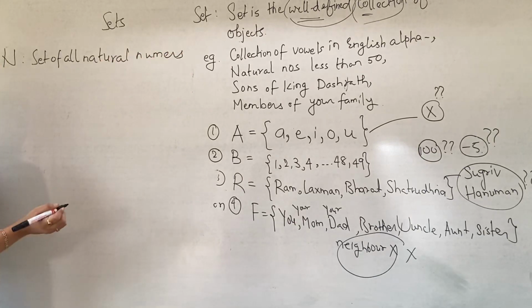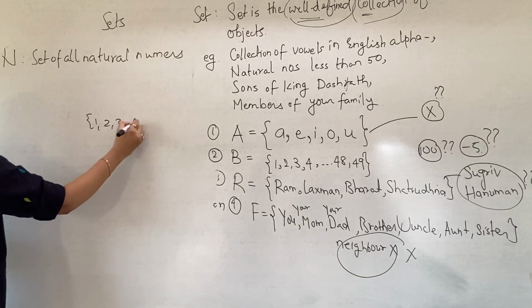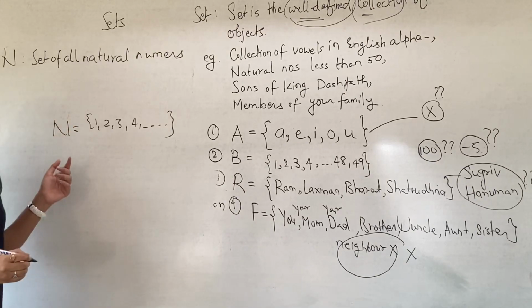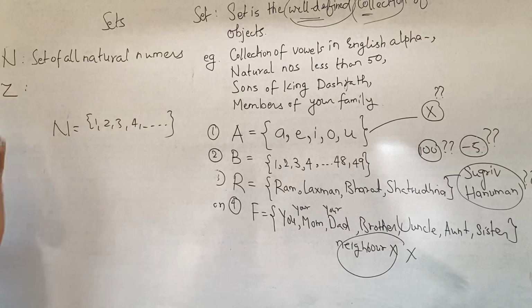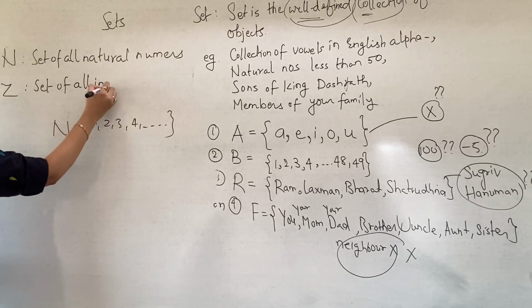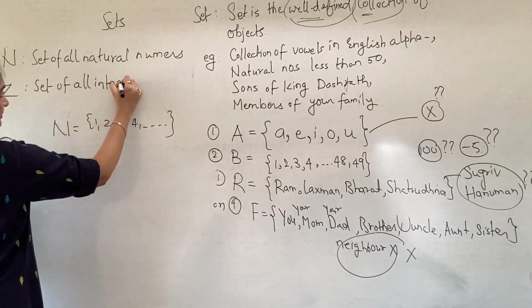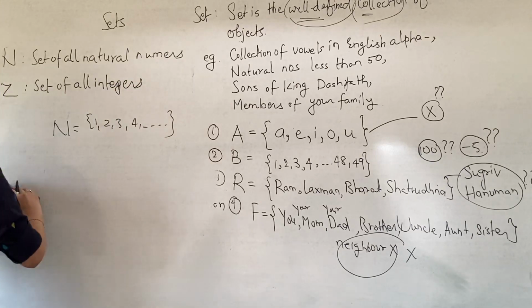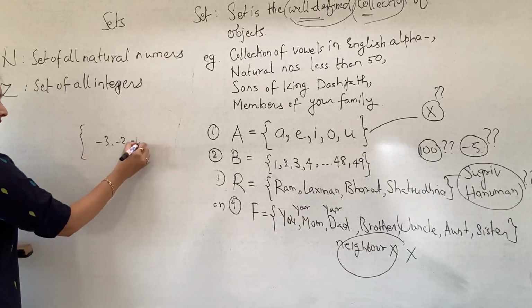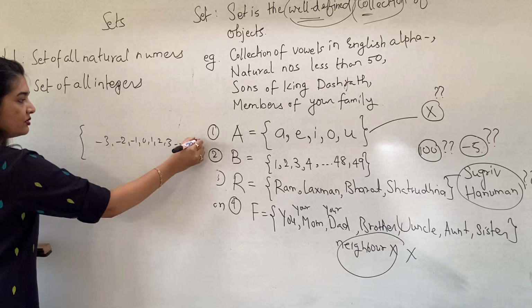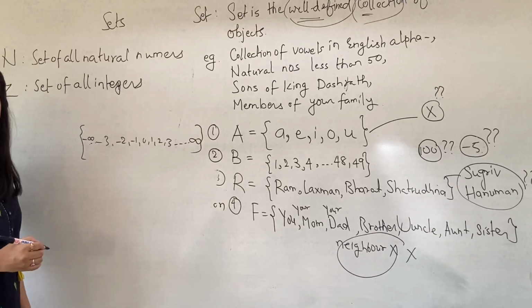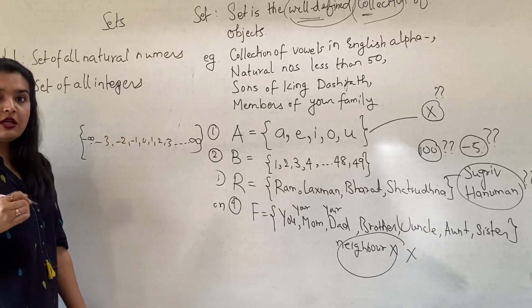For example, 1, 2, 3, 4, etc. So this is nothing but the N set of all natural numbers that you already know. Next is Z. That is set of all integers, which is denoted by Z. What are the integers? -3, -2, -1, 0, 1, 2, 3 up to infinity, and this will go to minus infinity. So this is nothing but the set of all integers. We are denoting by the Z.